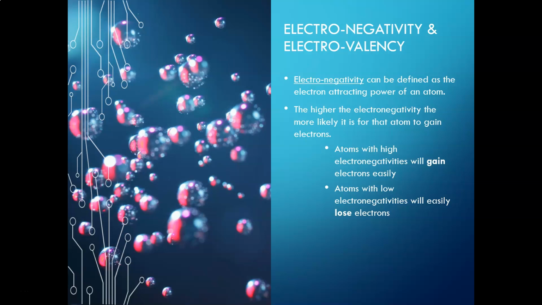Atoms with a low electronegativity will lose electrons very easily. So high electronegativity gains electrons easily, and low electronegativities will lose them easily. Electrovalency is the charge of an ion that occurs when an atom gains or loses those electrons. So a couple of key words there.